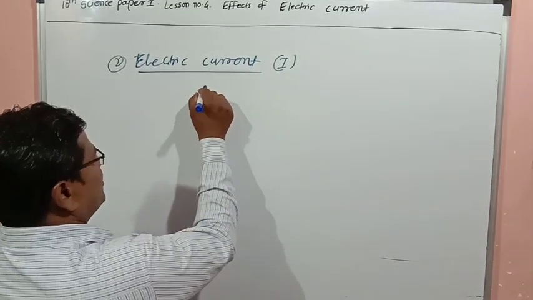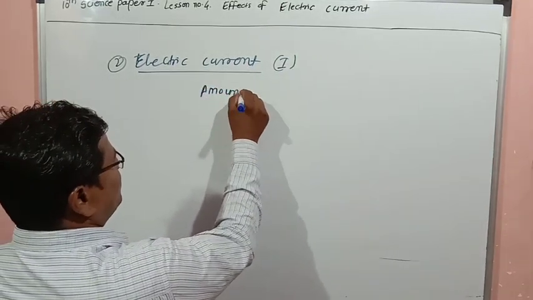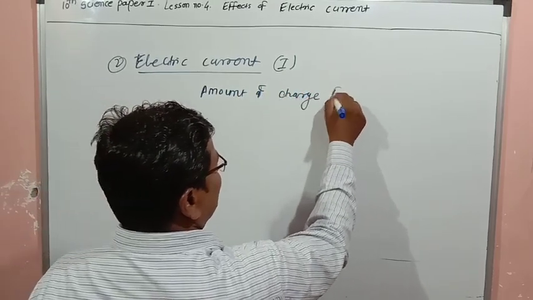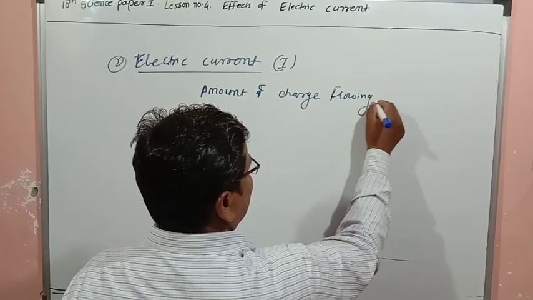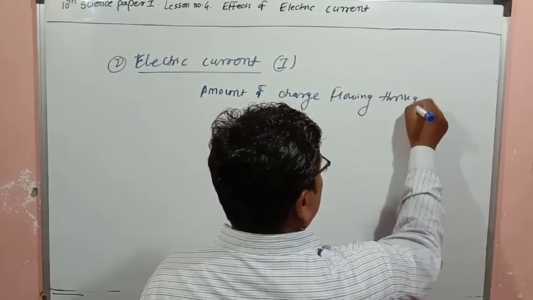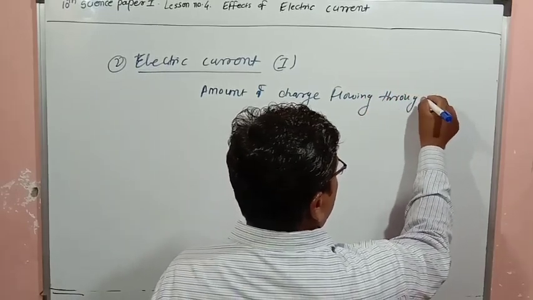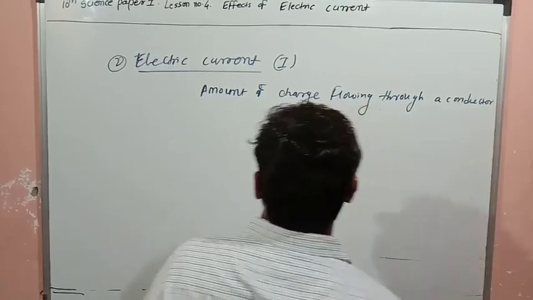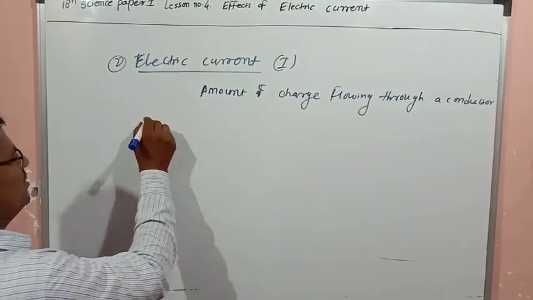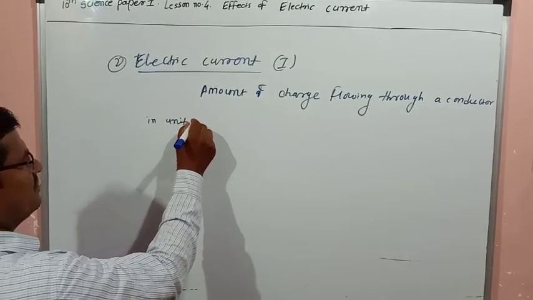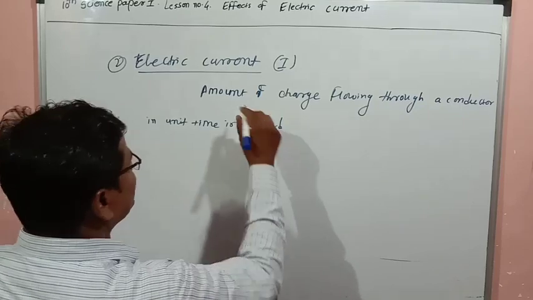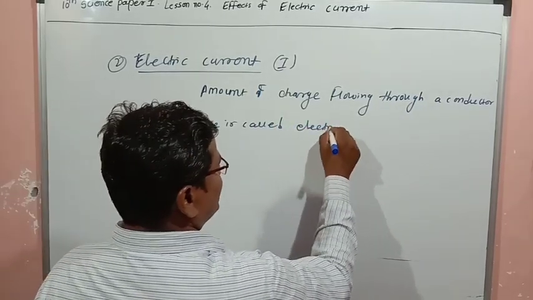So the definition is: amount of charge flowing through a conductor in unit time is called electric current.